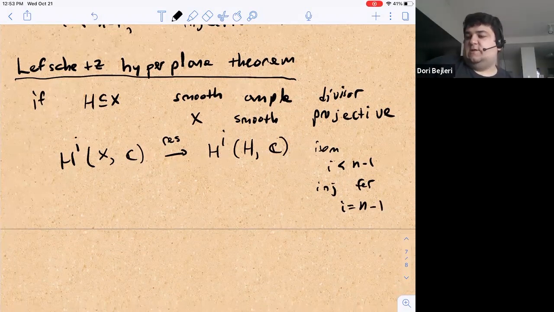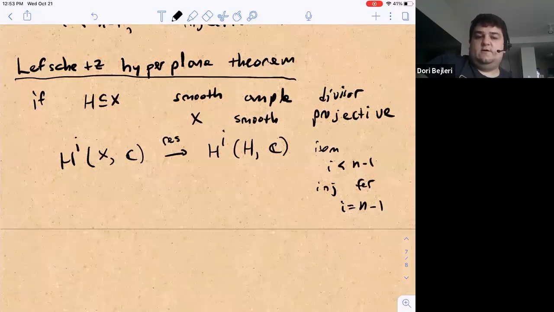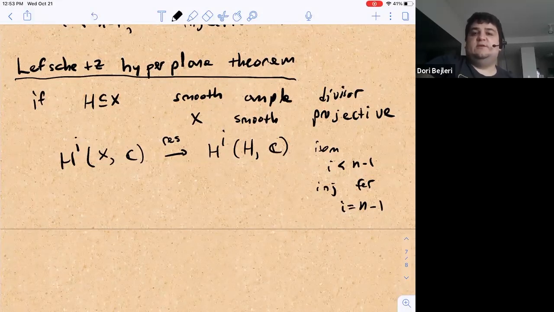What comes up is the fact that since H is ample, the complement of H is an affine variety. And then there's a long exact sequence that relates the cohomology of the affine complement to this restriction map on the cohomology of X and H. And then you can use a famous result that complex affine varieties have the homotopy type of a CW complex of half the real dimension.